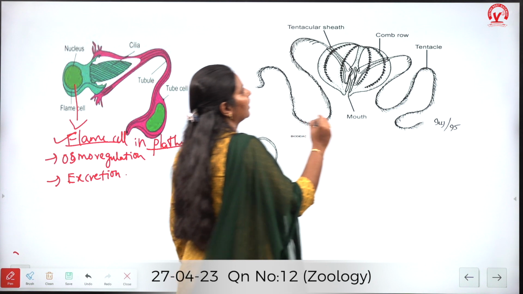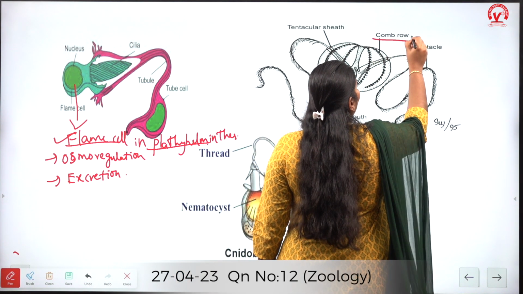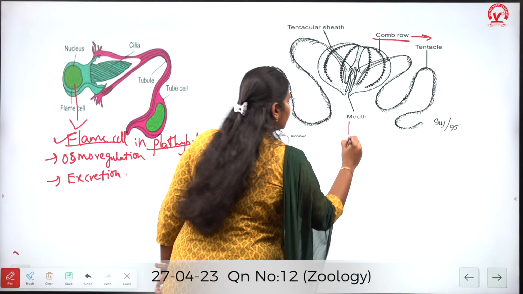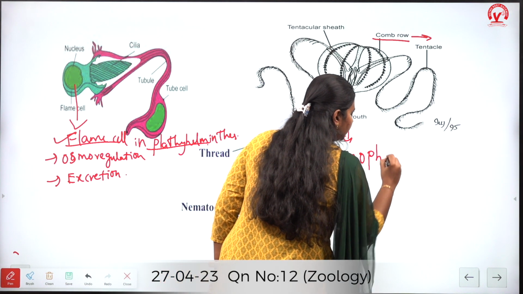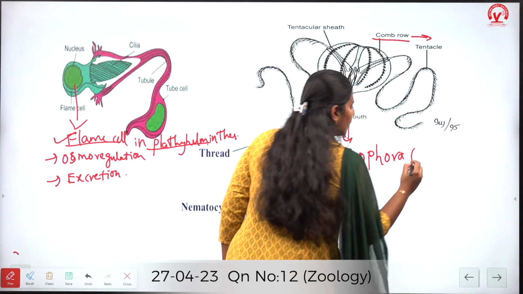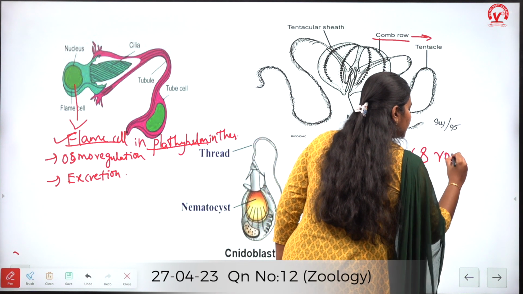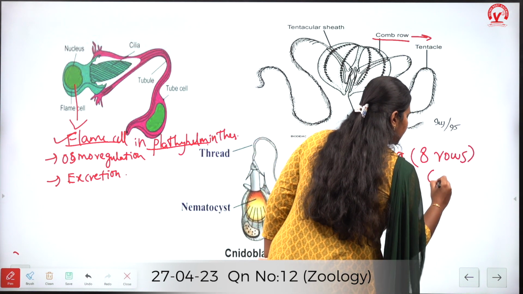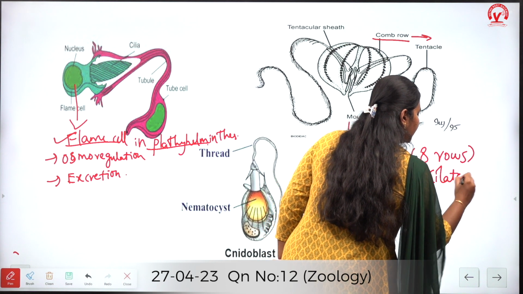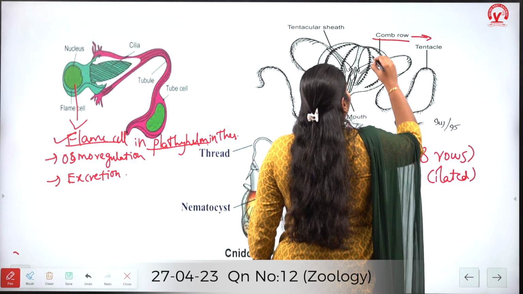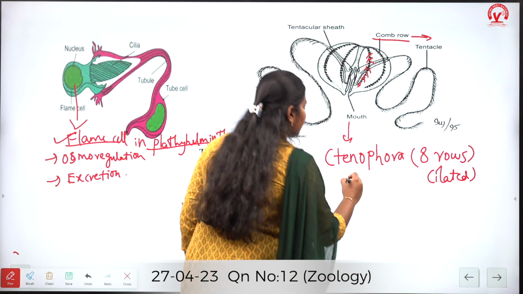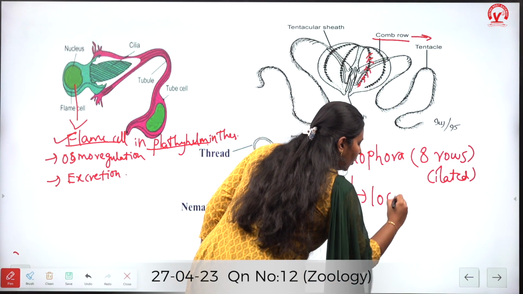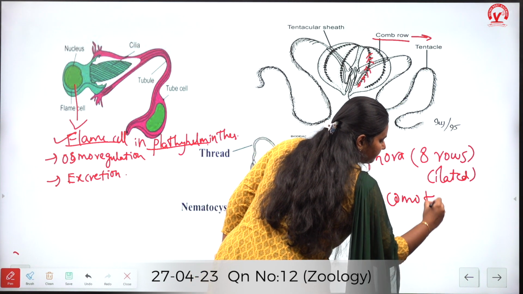Next, we come to comb cells. These comb cells are usually present in Ctenophora, which are present in 8 rows, and they are ciliated. That means they are present like hair-like structures, which are used for locomotion.